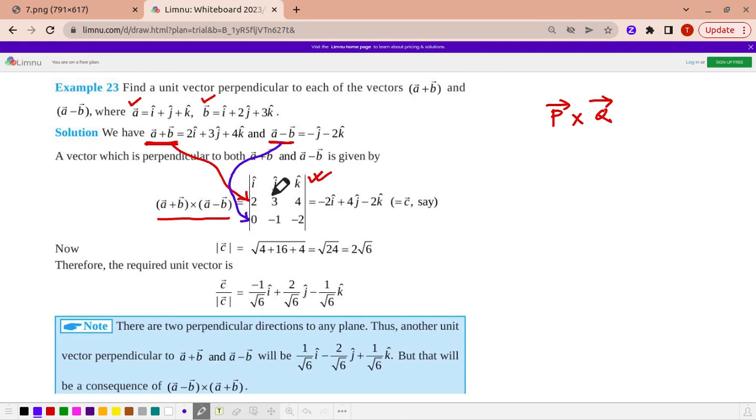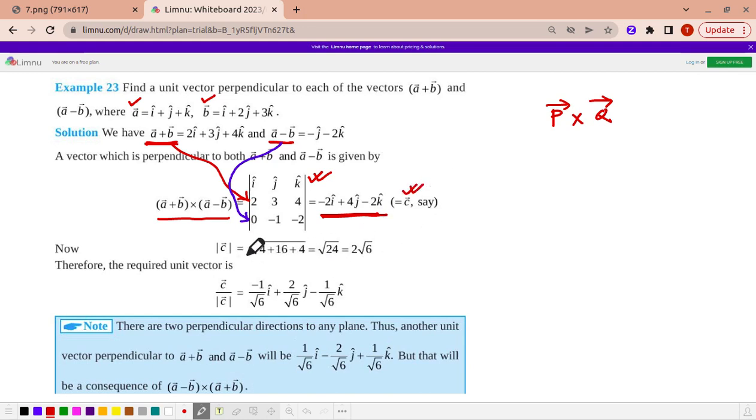After simplification we get the vector representation of a plus b cross a minus b in the component form, and we consider this vector as vector c.